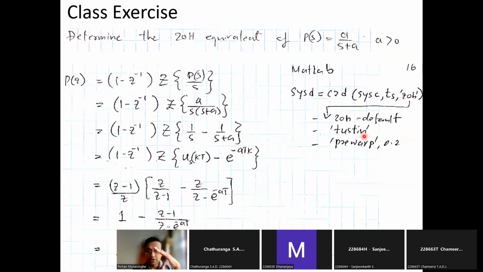There are other approximation techniques as well, regression analysis, etc. You can take any one of them. MATLAB provides a couple, and Tustin is very famous. You can replace zero-order hold with Tustin if you want, then you get yet another discrete transfer function. The other things, pre-warping and so on, we will look at later, not right now.